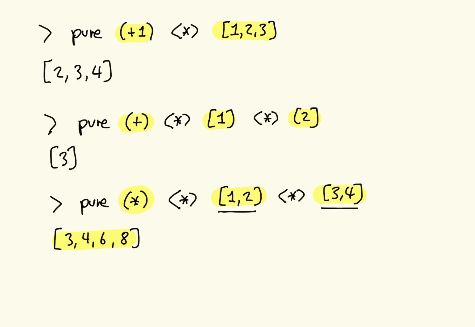We're applying a pure function, which is star, to a multi-valued argument, 1 and 2, and another multi-valued argument, 3 and 4, and we get back a multi-valued result, 3, 4, 6, and 8. So again, important point, let me just repeat it. Applicative style for lists supports a form of non-deterministic programming where we can apply pure functions to multi-valued arguments.